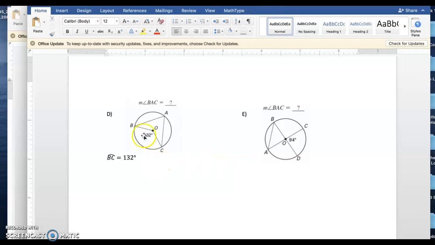So in order to work backwards, if I know the arc is 132 degrees and I want to find this inscribed angle, I would cut 132 directly in half, and I would be getting that this inscribed angle is going to be 66 degrees.